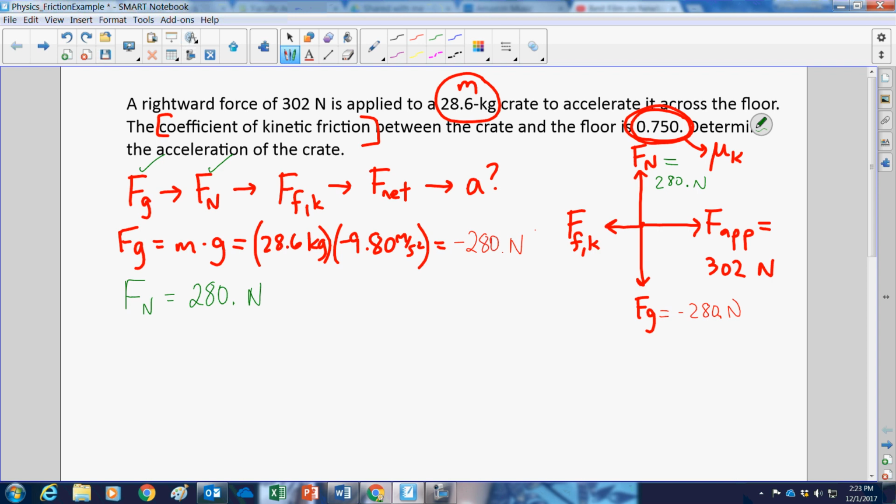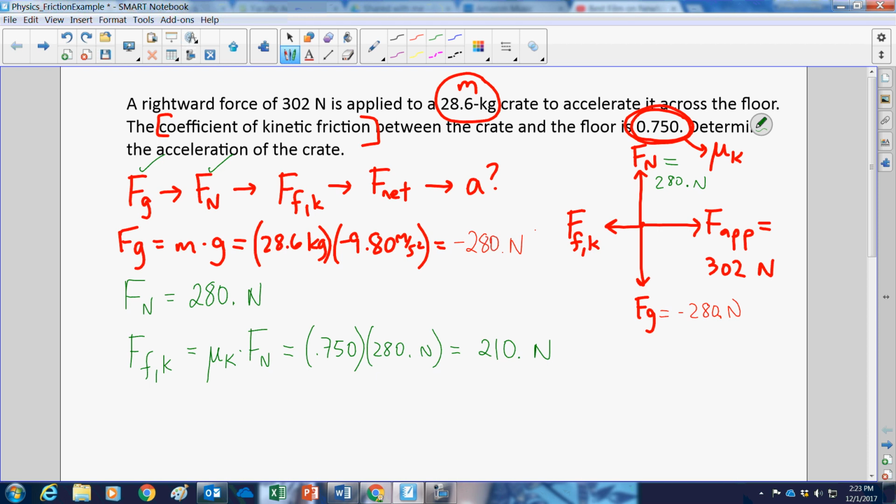Okay, next step is to use the given information to find force of friction. So let's do that. Force of friction is equal to the coefficient of friction times normal force. So that I can plug and chug because I know the coefficient and I now know the normal force. Let's do that multiplication. And I get 210, three sig figs.